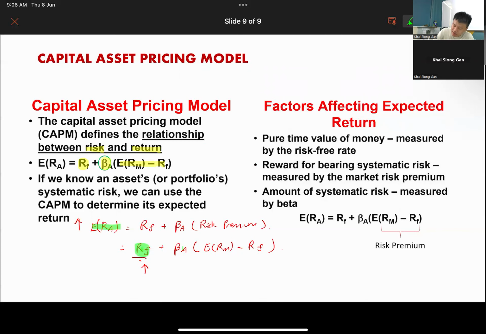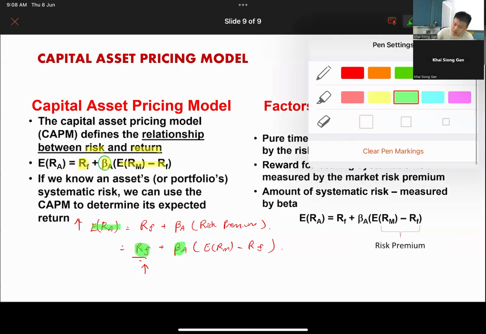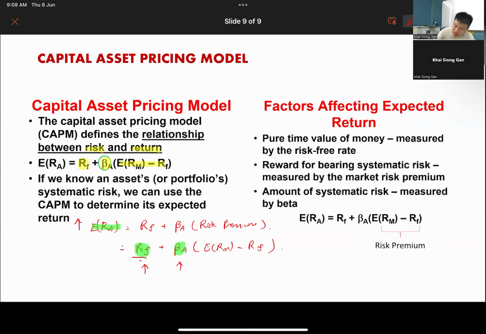And then we have the risk, shown by beta, the amount of systematic risk. The higher the systematic risk, the higher the expected return as well. Positive relationship as well. And we have the risk premium as well. The higher the risk premium, the higher the expected return as well.